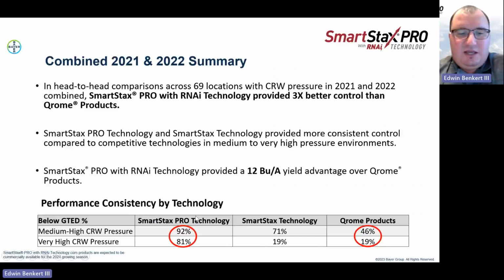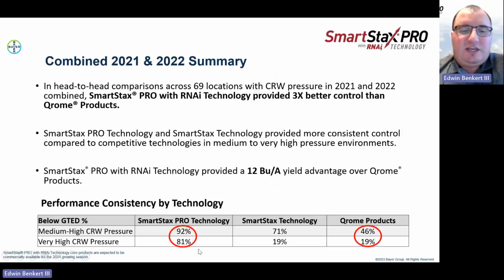And when we look at the performance consistency by technology here, this GTED, that would be that 0.5 threshold that I had mentioned earlier. We can see 92 and 81% of our locations were below that threshold compared to only 46 and 19% when we look at Chrome.